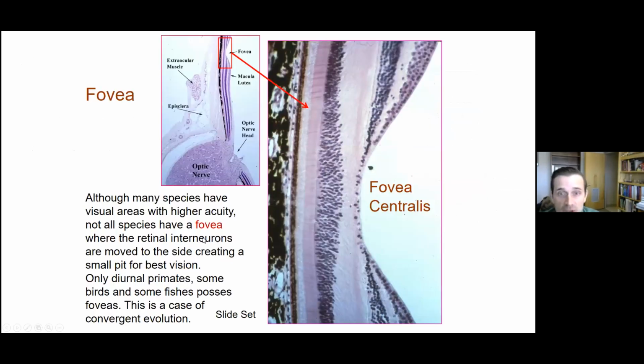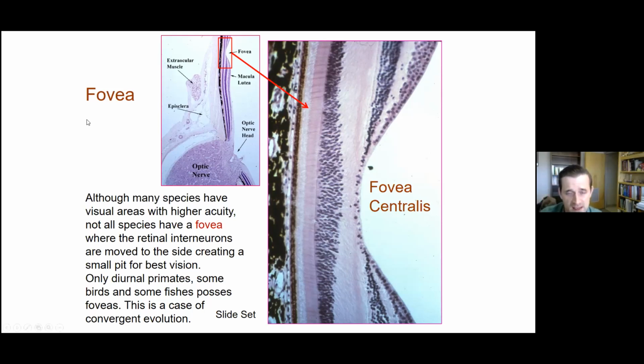So let's take a closer look at the fovea. The fovea is denoted by this depression. You can see it encased by this red rectangle. And the reason why it looks like a little pit is because all the retinal interneurons have been moved out of the way, and they create this depression.